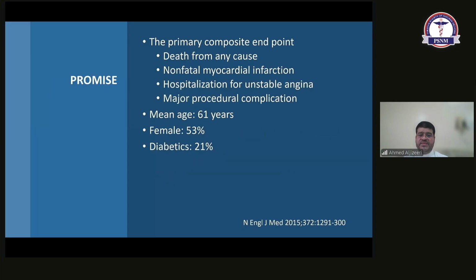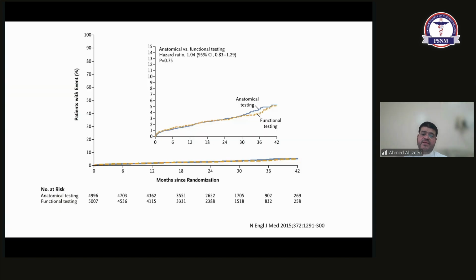The primary composite endpoint was death from any cause, non-fatal myocardial infarction, hospitalization, and major procedural complication. Mean age was 61, good representation of females and better representation of diabetics. And to our surprise, there was no difference in those outcomes whether one chose initially to go for anatomical testing or functional testing. Completely the opposite of what Scott-Hart has shown.